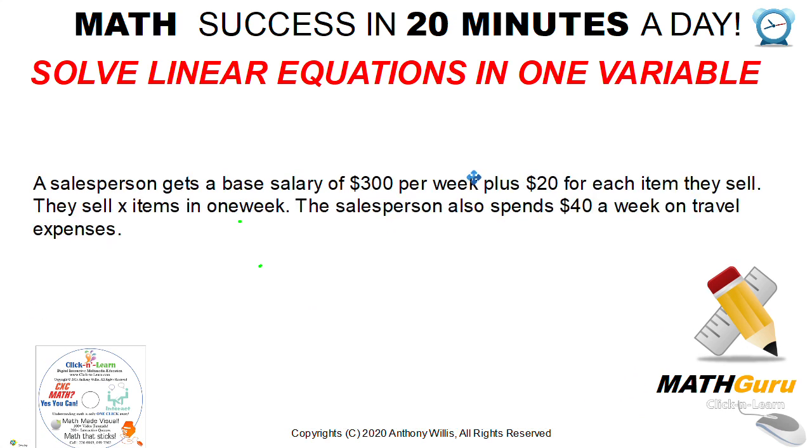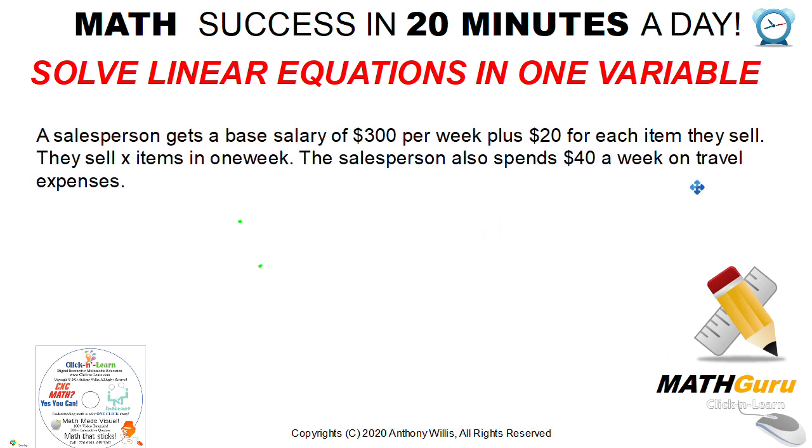Here you have a problem. A salesperson gets a base salary of $300 per week plus $20 for each item they sell. They sell X items in 1 week. The salesperson also spends $40 a week on travel expenses.